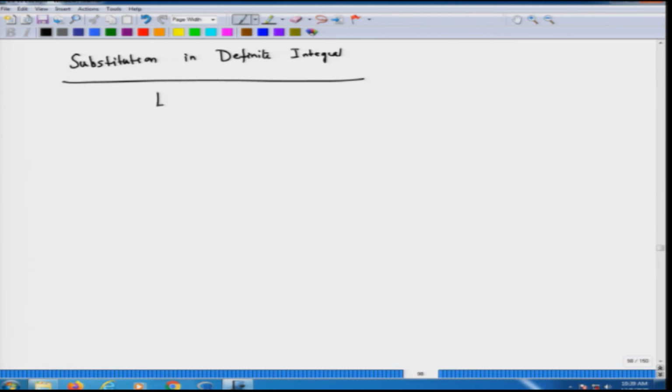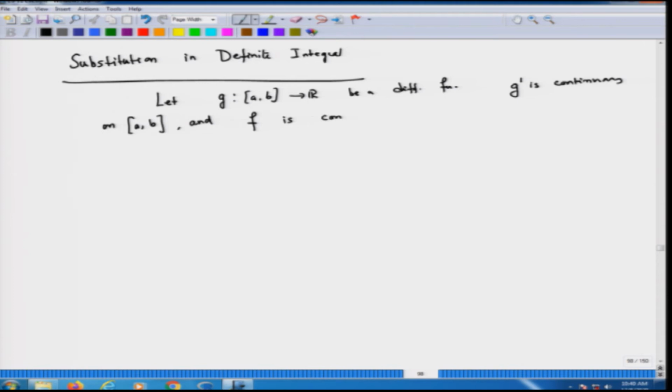So, let g from [a, b] to R be a differentiable function and g prime is continuous on [a, b], and f is continuous on the range of g.